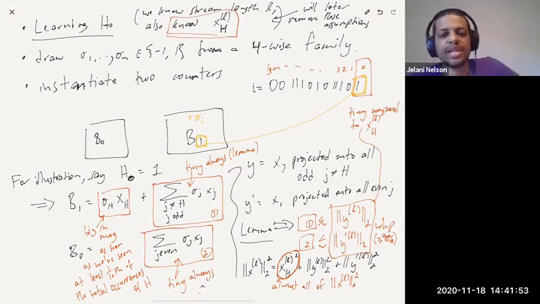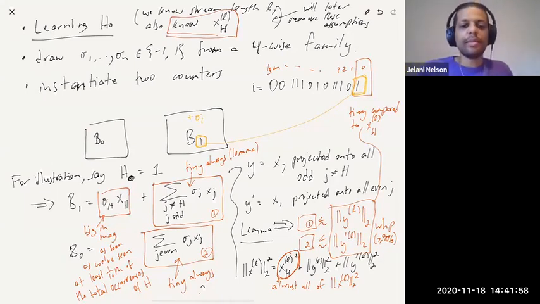So here's what I'm going to do. I'm monitoring these two counters, B0 and B1.